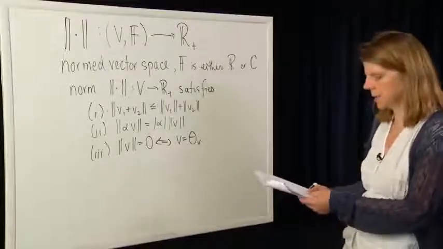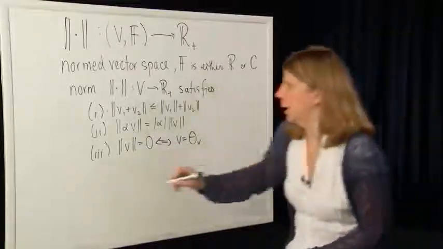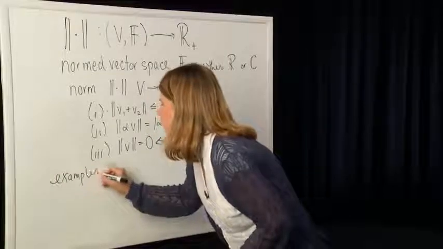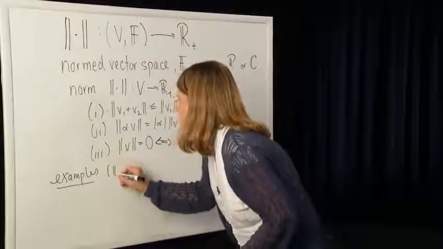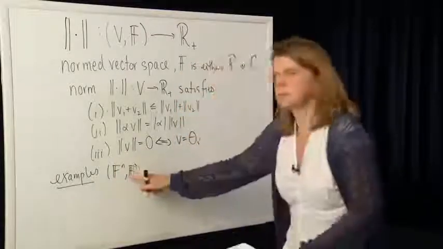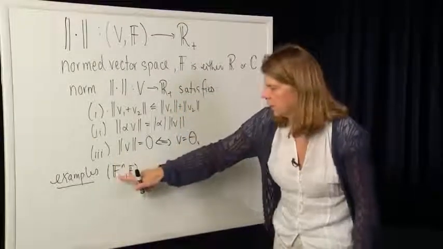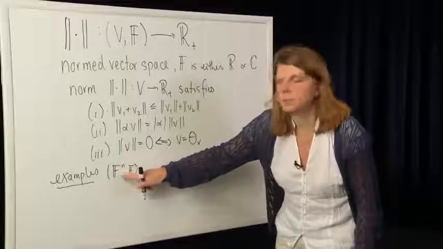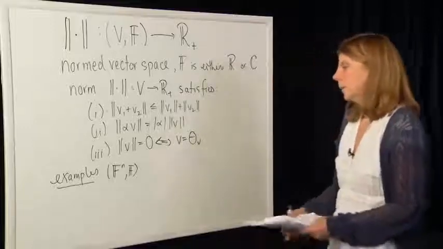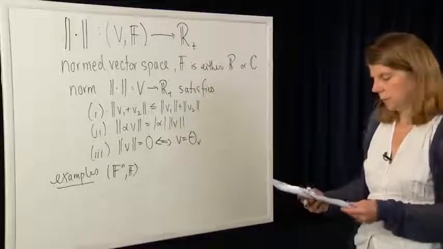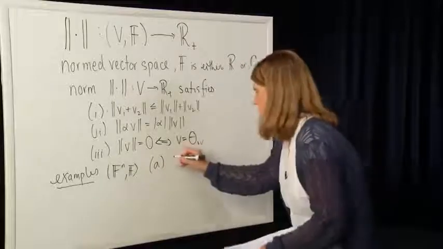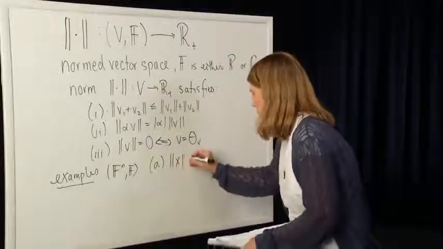Okay, some examples. So examples that we're familiar with. Probably the most familiar are examples in what we call the vector norms. So if the field is either the reals or the complexes, then we can think about Rn or Cn over the field R or C. And then we can look at some norms that we use all the time. So the first one is typically called the 1 norm or the L1 norm.